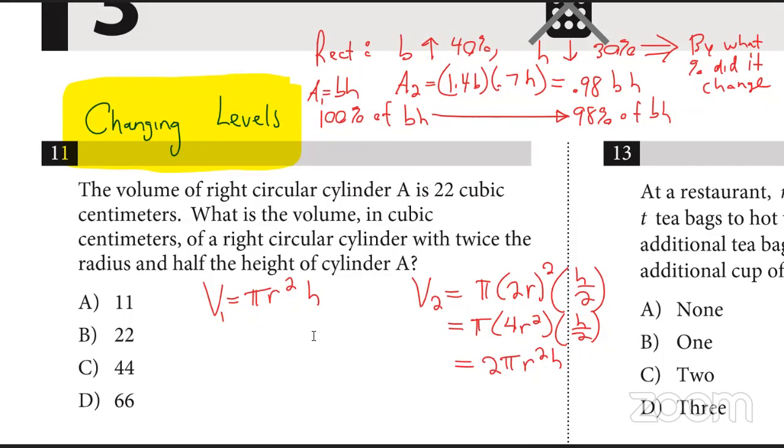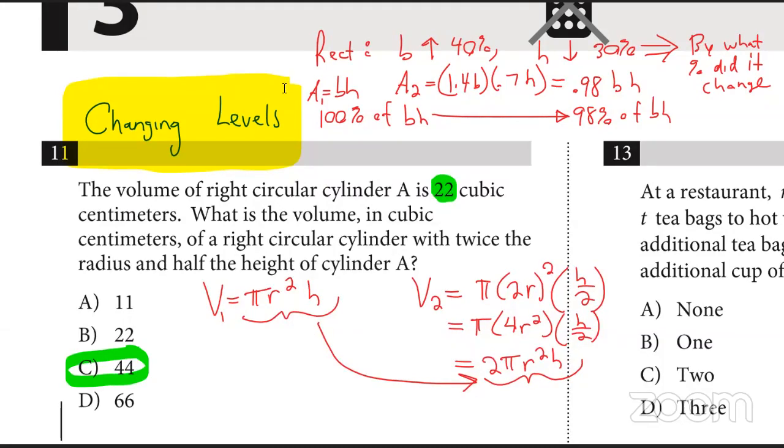So now what happened in this story? We started with pi r squared h and we ended with 2 pi r squared h. So we doubled. And so now, if the original volume was 22, the new volume will be 44. Going over to number 12 now.